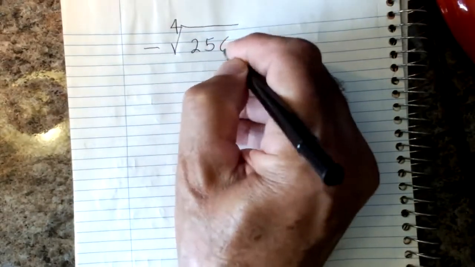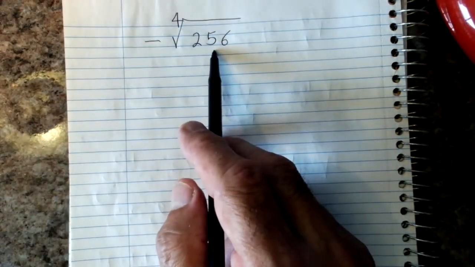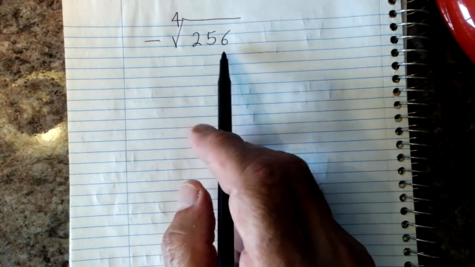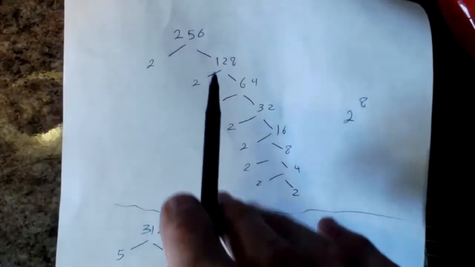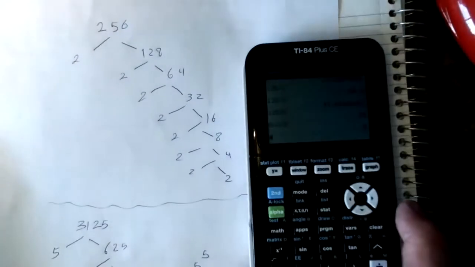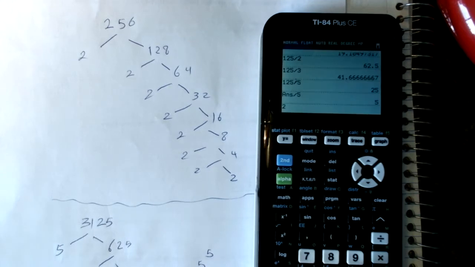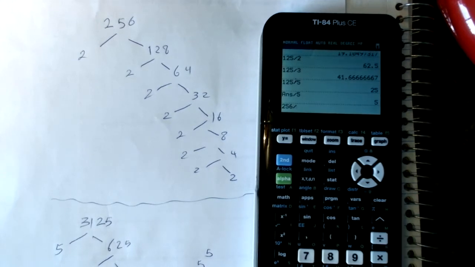How about this large number, 256? Again, to break these numbers, you always have to divide by 2 first. So I take my calculator and divide 256 by 2. The calculator shows 128.